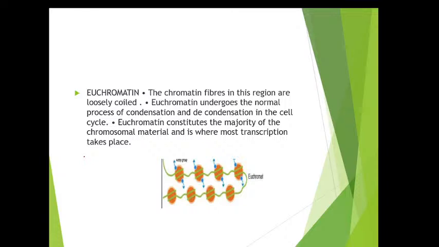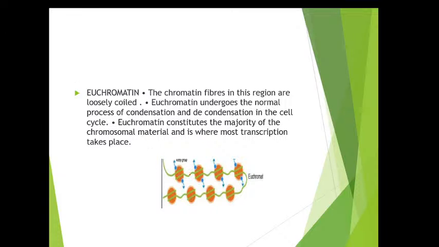First is euchromatin. In the euchromatic condition, the chromatin fibers are in a loose condition, not tightly packed. The chromatin is less coiled. In this picture you can see the green color structures are the chromatin and the orange color structures are the proteins or the histones.